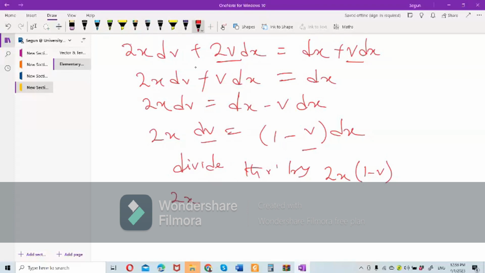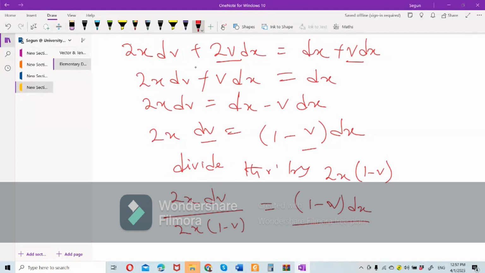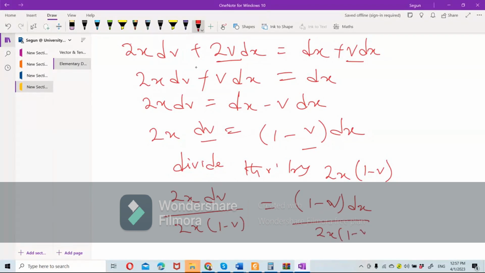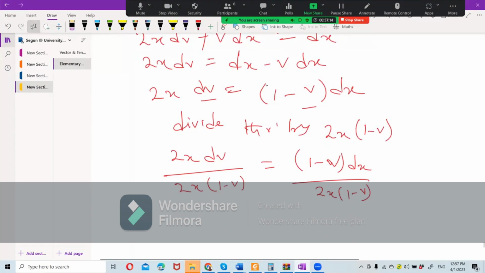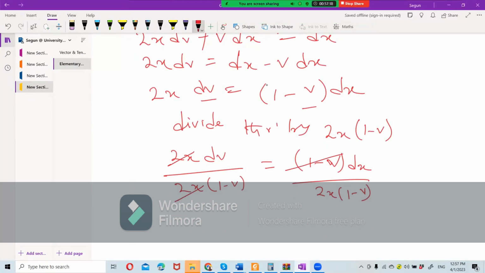So we have 2x dv over 2x 1 minus v equals to 1 minus v dx over 2x 1 minus v. So this goes with this, and this goes with this. Can you see it now?